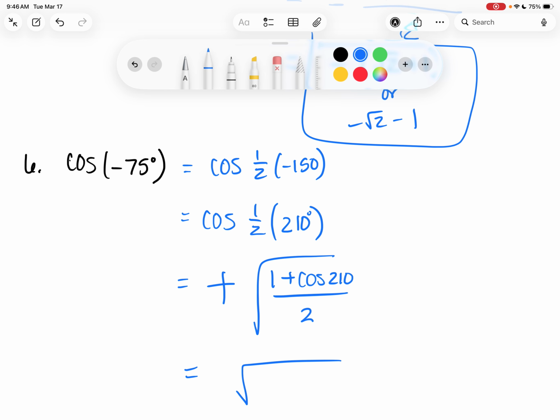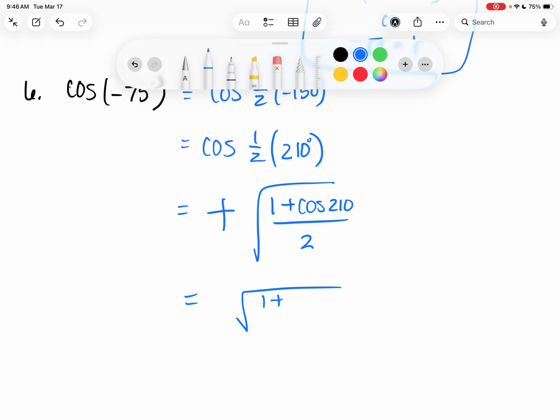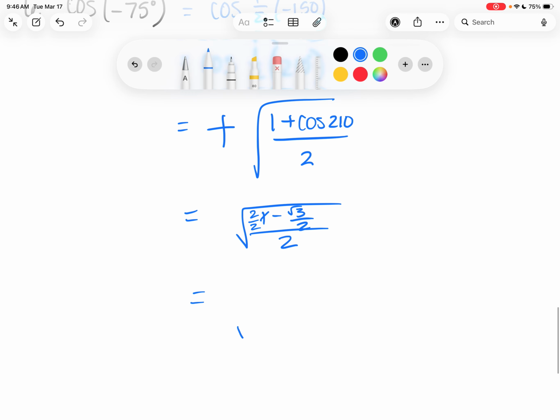So then I have in the square root 1 plus, what's the cosine of 210? Negative root 3 over 2, so I'm going to erase my plus sign and write minus root 3 over 2. If you want to get rid of that 1 and write it as 2 over 2, you can do it. So that means that in my radical on top, I have 2 minus root 3 over 2 all over 2.